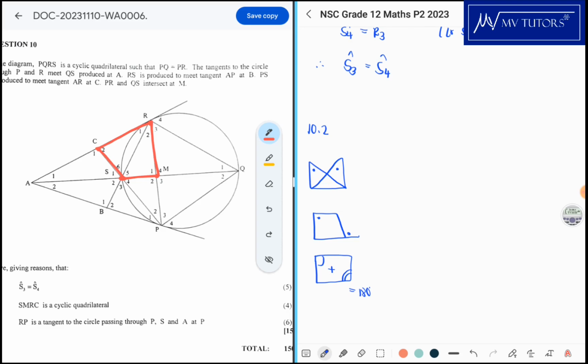Looking at the first option, I can't see any chord that I can use to support that, so I'm not going to go with this. If I look at the external angles, I can get that external angle, or that one, or that one, or this one. So I think I have a better chance using the external angle of a cyclic quad.